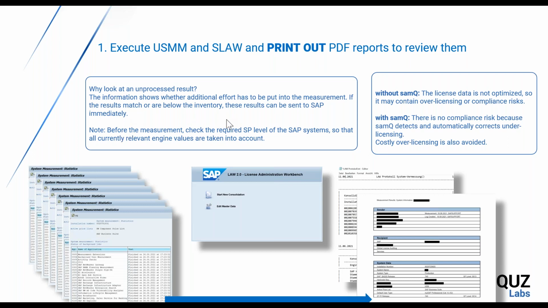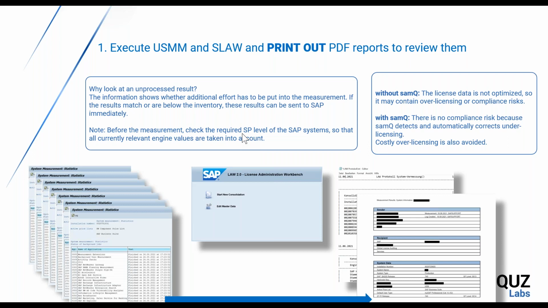Before the measurement, check the required SP level of the SAP systems and check that you have all nodes installed that are necessary for your measurement. The first step in an audit is that SAP sends you, the global license and audit compliance team from SAP will send you an audit request letter.